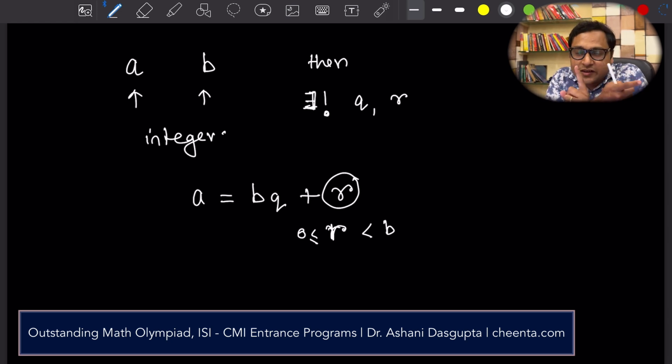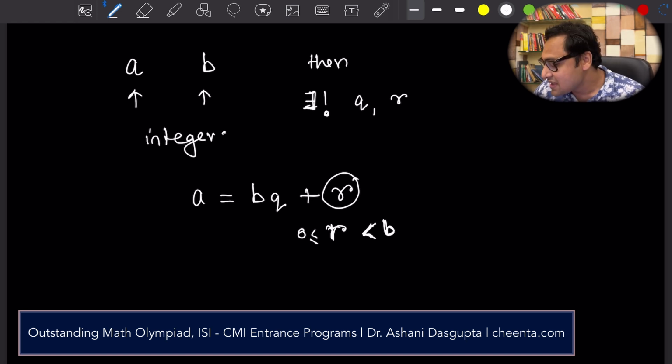Of course, you can switch the positions of b and a, and you will get a different set of quotient and remainder. So the remainder should obviously be less than the divisor, which is in this case b, and 0 is less than or equal to the remainder. If the remainder is equal to 0, then we say that a is divisible by b.